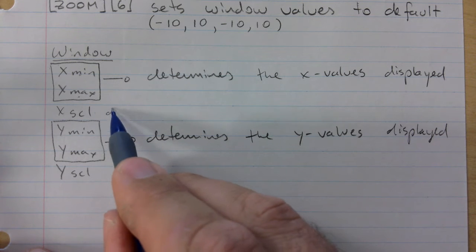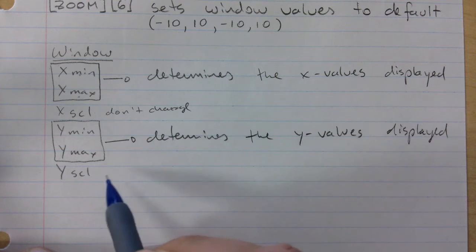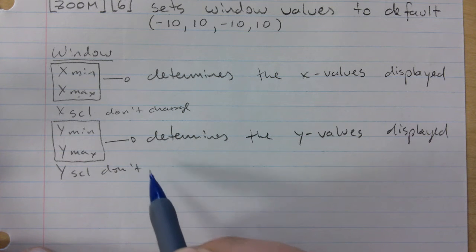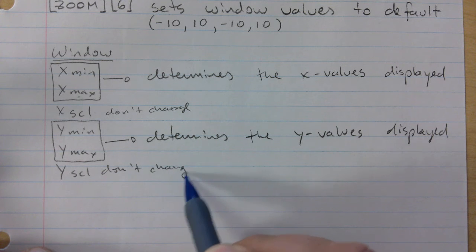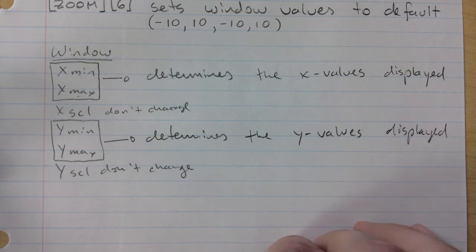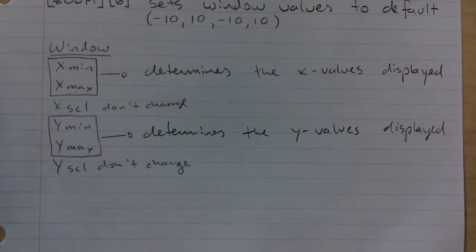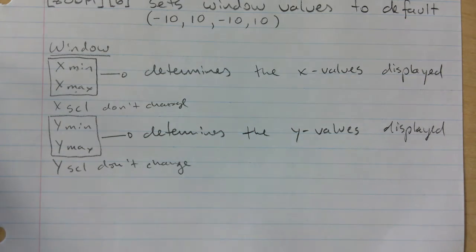Don't change this one. Miss Yosik might next year, if you have her, tell you to change that. I don't. It can be changed, but I'd rather not. It gets rid of a lot of hassle.